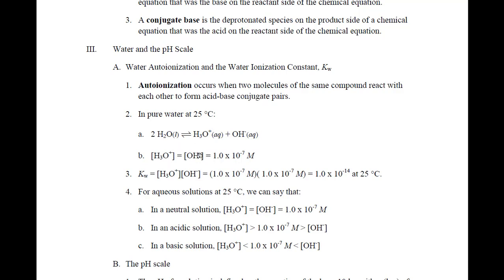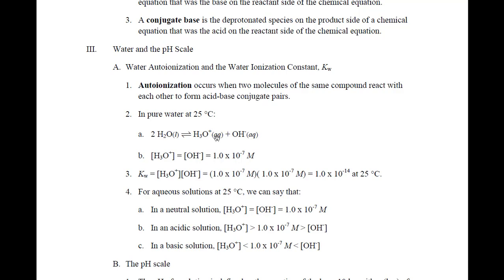Hydronium and hydroxide concentrations are the same. In pure water at 25 degrees Celsius, the concentration of hydronium and hydroxide is 1.0 times 10 to the minus 7th molar. If we change the temperature, that's why I specified this, if you change the temperature significantly, this autoionization changes also, so these values become different.